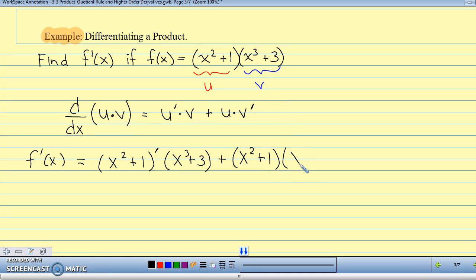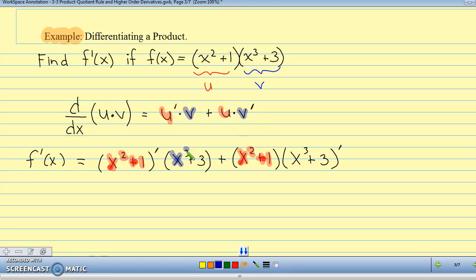Times the derivative of the second function. So that one's prime. Here's my u function, x squared plus 1, and my v function is x cubed plus 3.